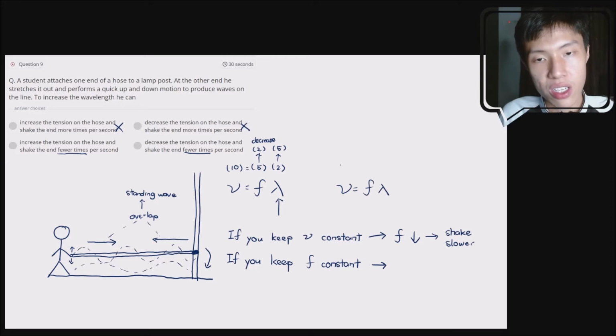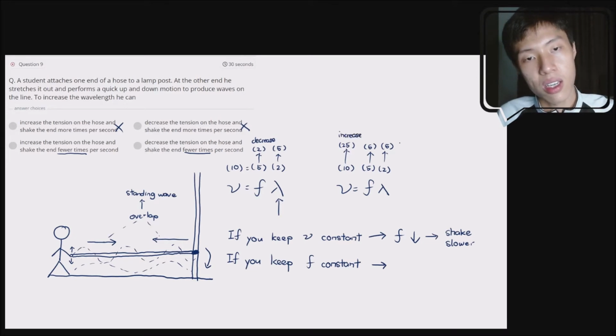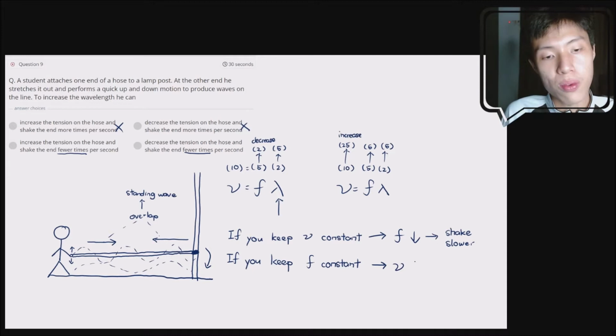Let's say initially it's 10, it's 5, it's 2. Now you want to increase this to 5, while also keeping frequency constant. That means your speed will have to increase. So your v will have to increase. So your wave speed will increase.